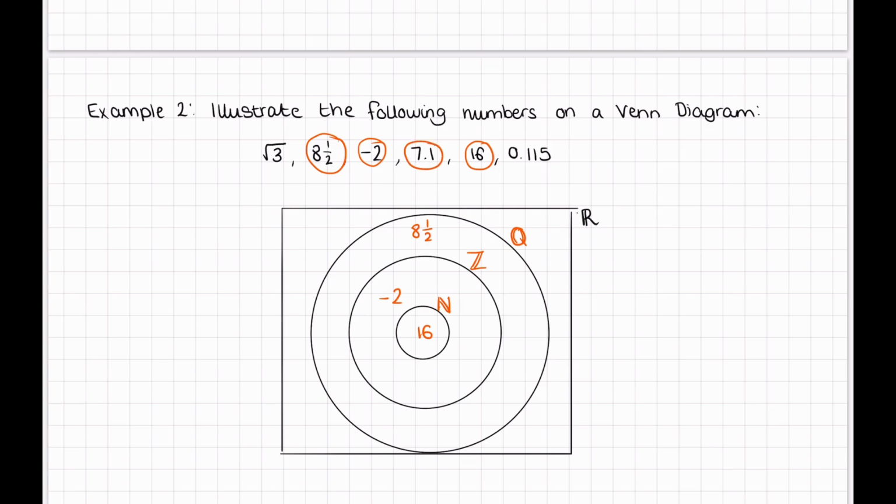So 7.1 can be written as a fraction and 0.115 because they are ending decimals. Square root of 3 is an infinite decimal number, which means the only one that can't come under is real, so it goes on the outside of the circles. So that's another way we can also draw Venn diagrams.